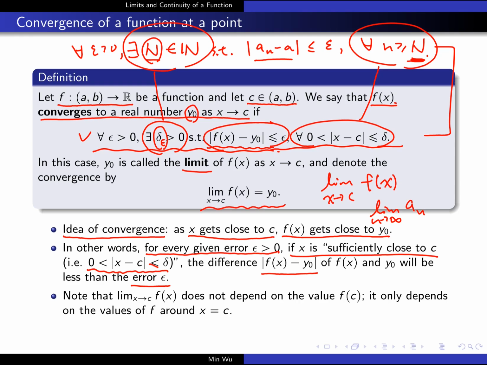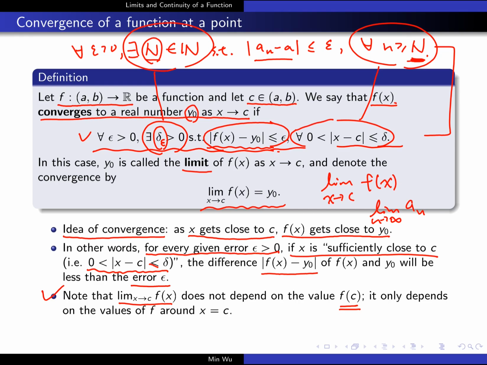There's one thing I want to point out here. The limit does not depend on the value f of c. You can see that f of c does not show up anywhere in the definition, especially here. Maybe I should draw it.